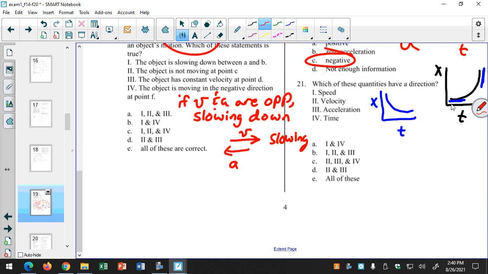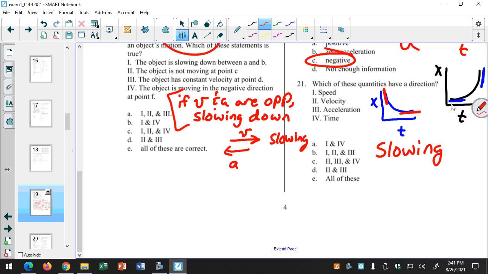It is slowing down because the slope here is big, the slope here is small. So this is a slowing object. That means that the velocity and acceleration are opposite one another because it's slowing down. That's what it means to be slowing down: your velocity and acceleration are in opposite directions.